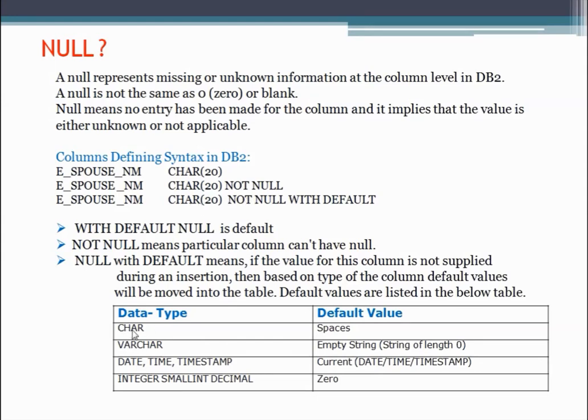Like if the data type is character, the default value will be spaces. If the data type is varchar, then an empty string of length 0, and if it is date, time and timestamp, then the current date, time and timestamp will be the default value, and if it is integer, smallint and decimal, then the default value will be 0.